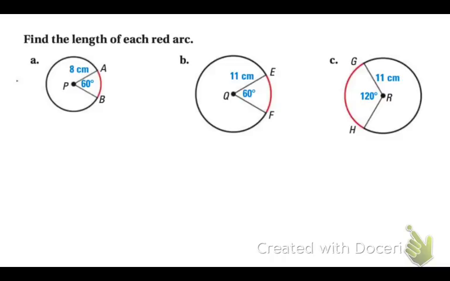Okay, so here we're going to find the length of each red arc. I'm going to write out the formula. The arc length of arc AB is equal to the measure of arc AB divided by 360 degrees times 2 pi r.